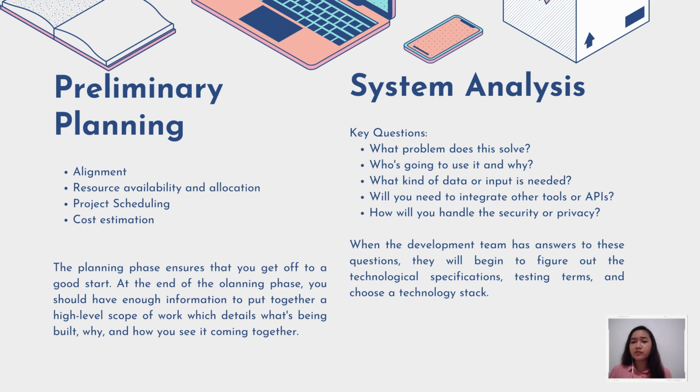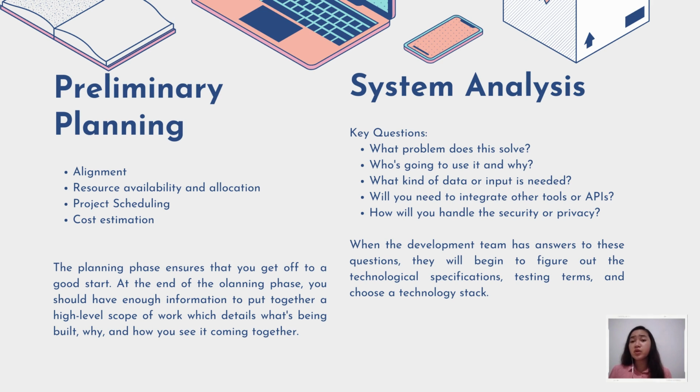As you move on from the planning phase and continue to fill out the other requirements of a specific system, some key questions are: what problems does this solve? Who's going to use it and why? What sort of data, input or output is needed? Will you need to integrate it with other tools or APIs?